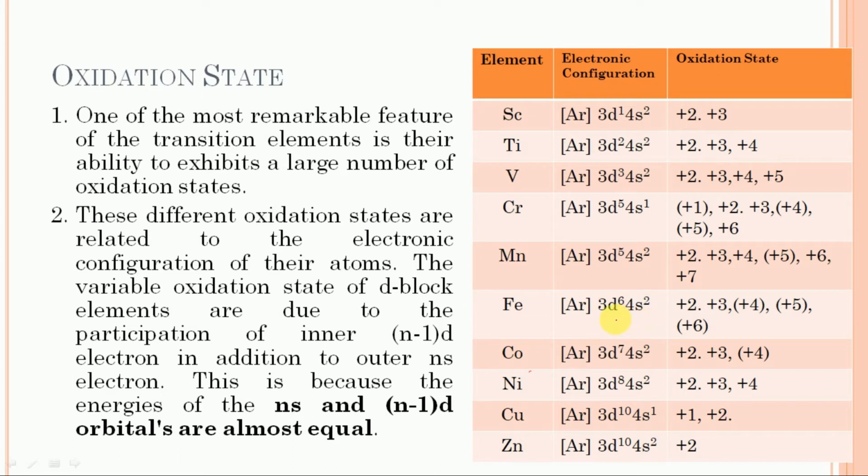The +4, +5 and +6 oxidation states are known but are not common, and +8 oxidation state is unknown. Similarly, in case of cobalt, nickel, copper and zinc, they mostly have oxidation state +2, which is common, and +3.